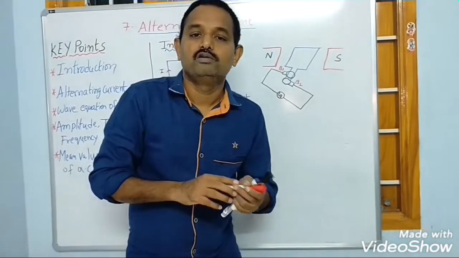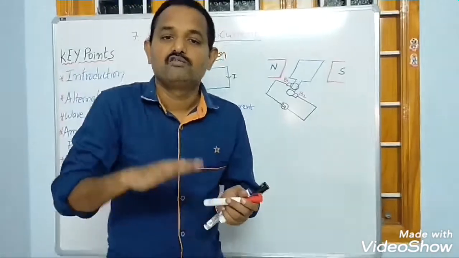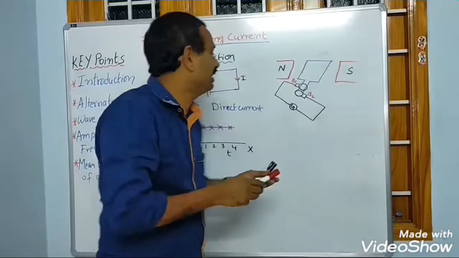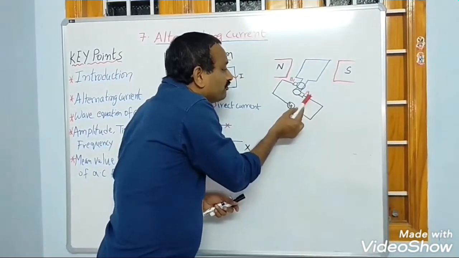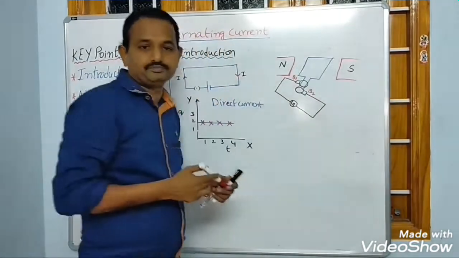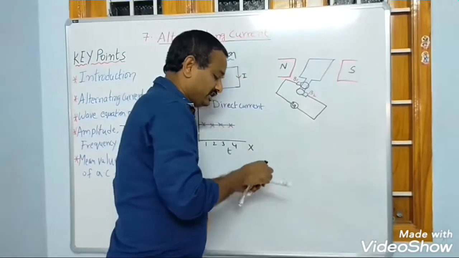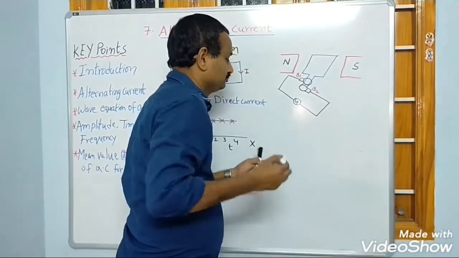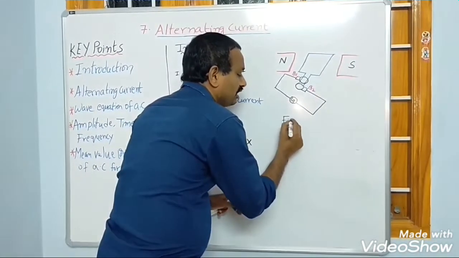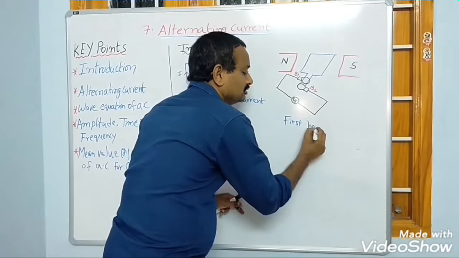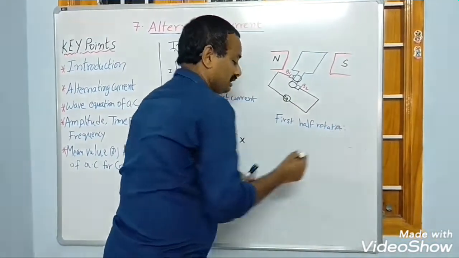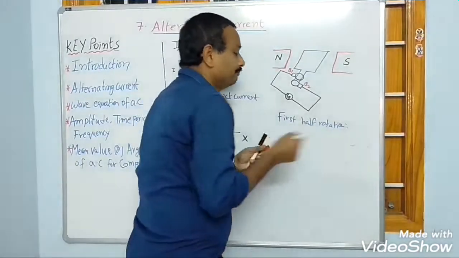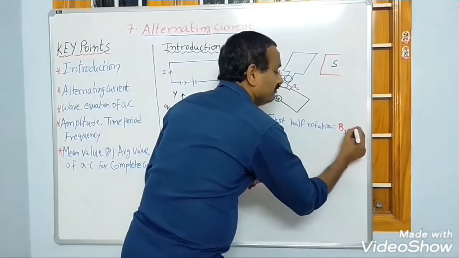Students, when the coil is rotating, in the first half rotation, the current in the external circuit will flow from B2 to B1.